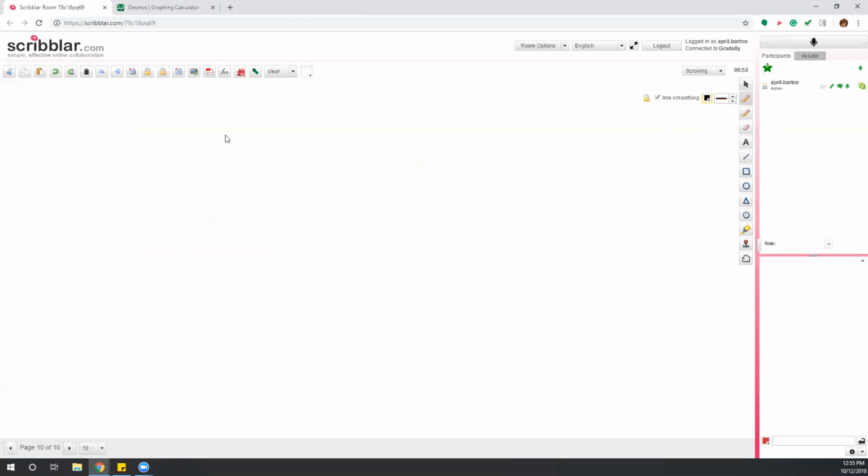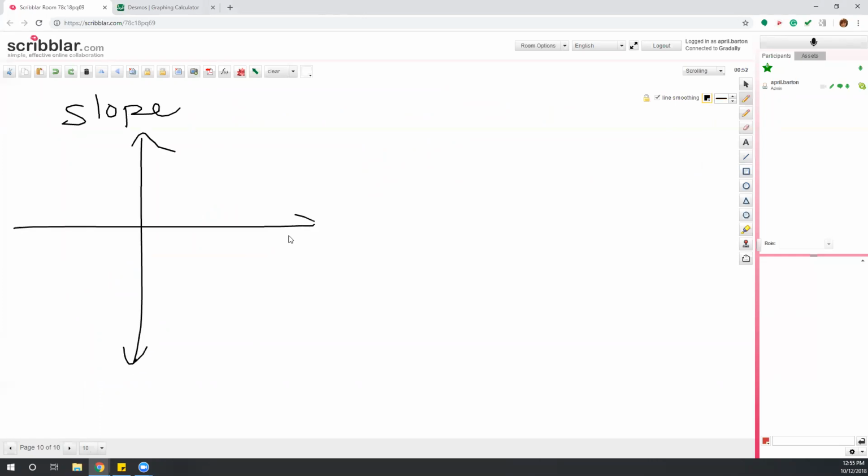So when we work on these linear functions, one of the important things you need to be able to figure out is the slope of the line. I'm going to try and make a better graph this time. So the slope of a line is basically how much it tilts.